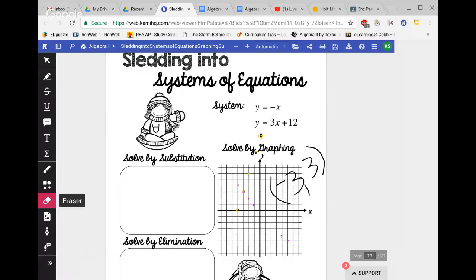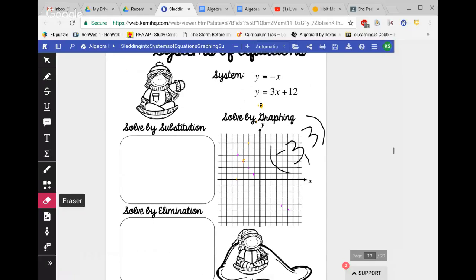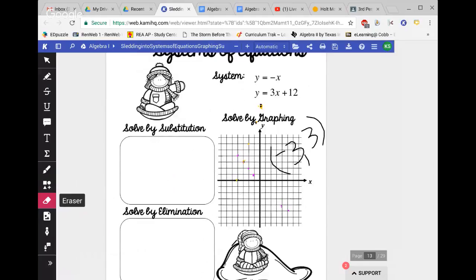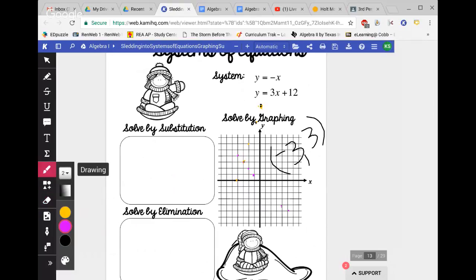All right, so now for elimination, we can actually leave them in the format that they're in, and instead of taking them to slope-intercept, or I mean into standard form, because if you look at it, we've got our y's still lining up and our x's still lining up, don't they?